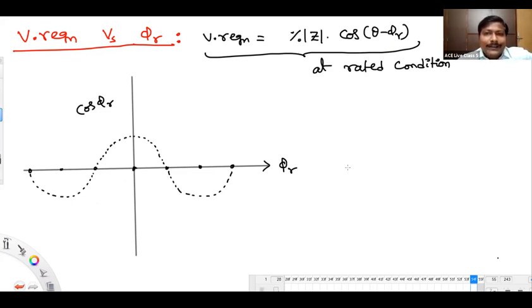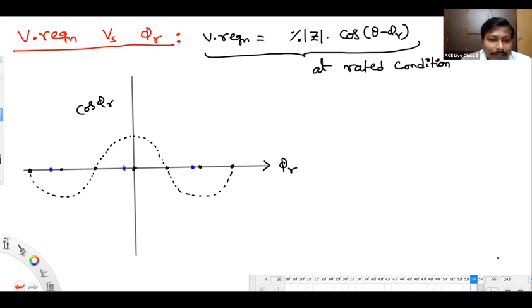The same point I should show here also. So with the shift, maybe here you can get it. This curve we have to shift by an angle of theta.